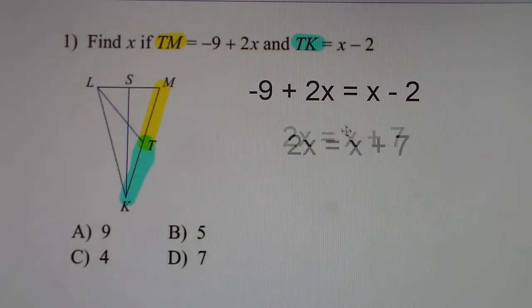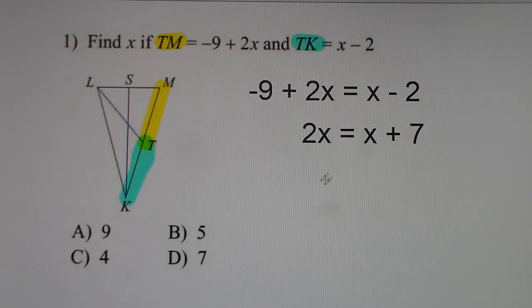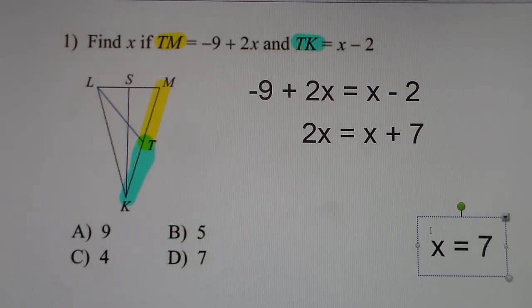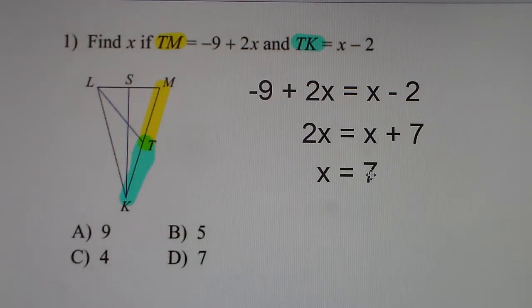And then we subtract x from both sides. And then we're going to get x equals 7. And that's how you solve problem number one. So number one would be D, x equals 7.